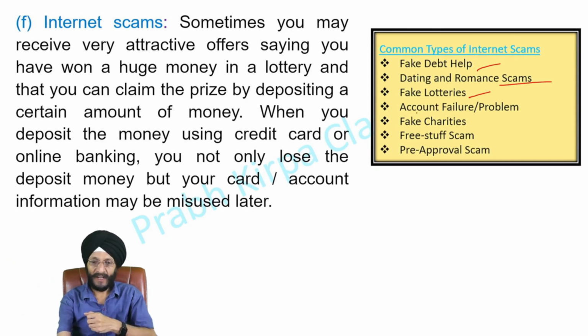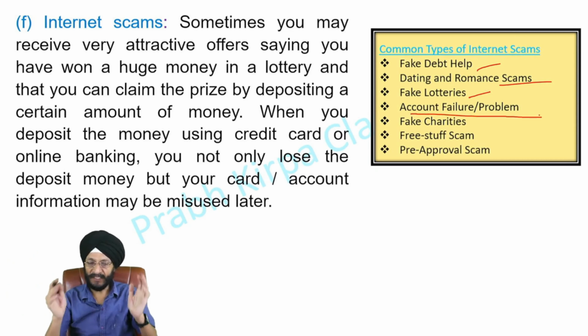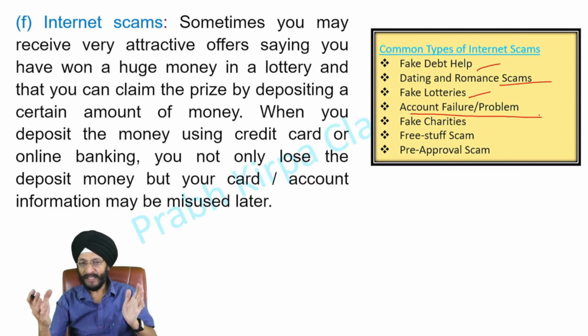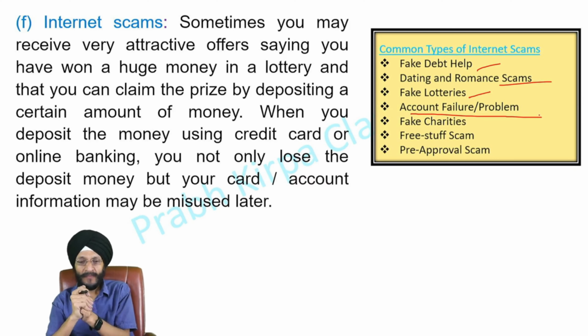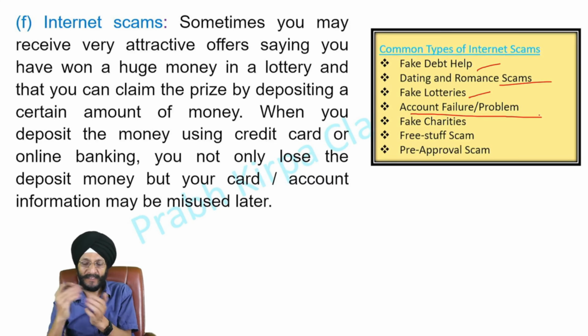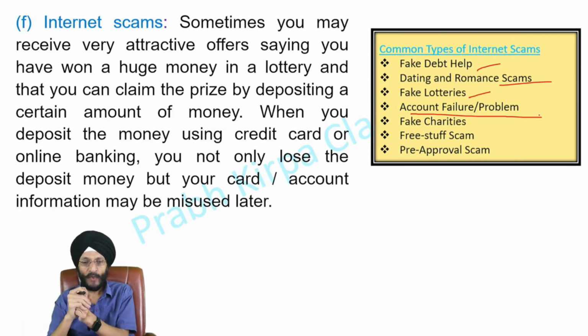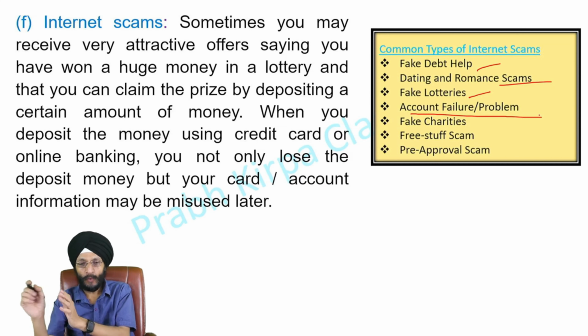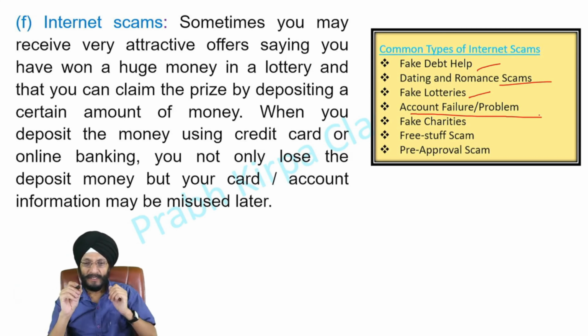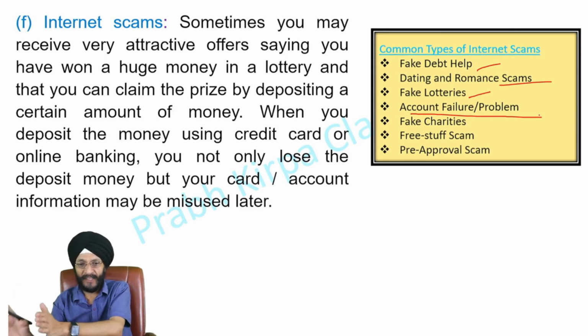Then there are also SMS messages or emails which may land in your email box saying that there is a problem in your bank account, and you are required to keep in touch with a particular mobile number, or you are required to click on the link given in your email.